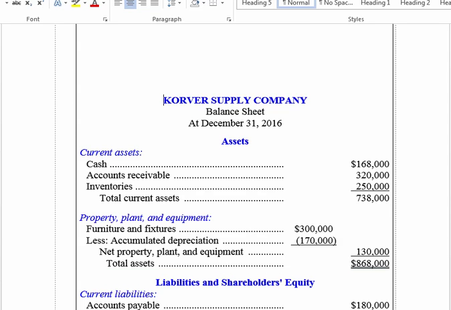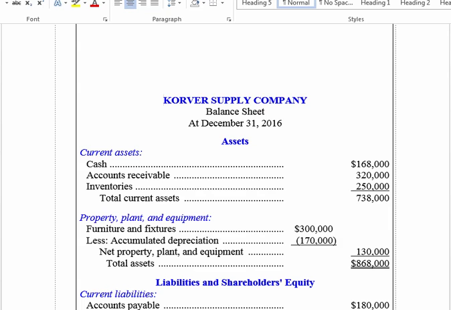But the interest expense that built up during December 31, 2015 to June 30th, 2016, that's already been paid. We just want to calculate how much interest do we owe from July 1st to the end of the year.